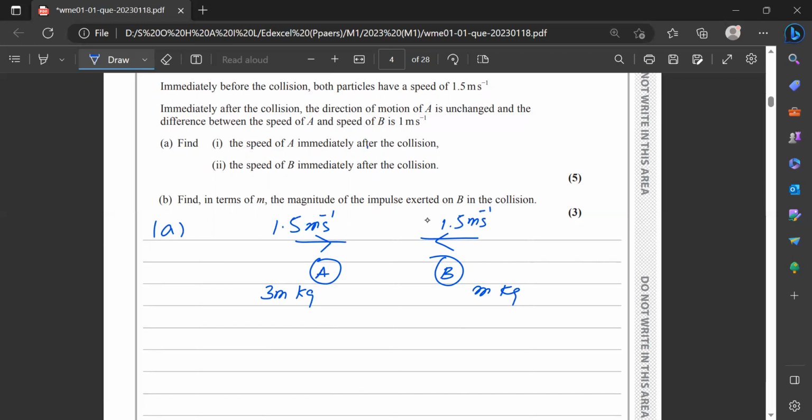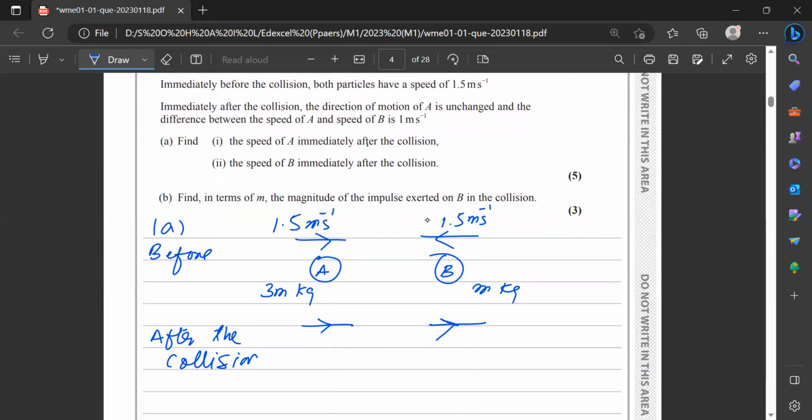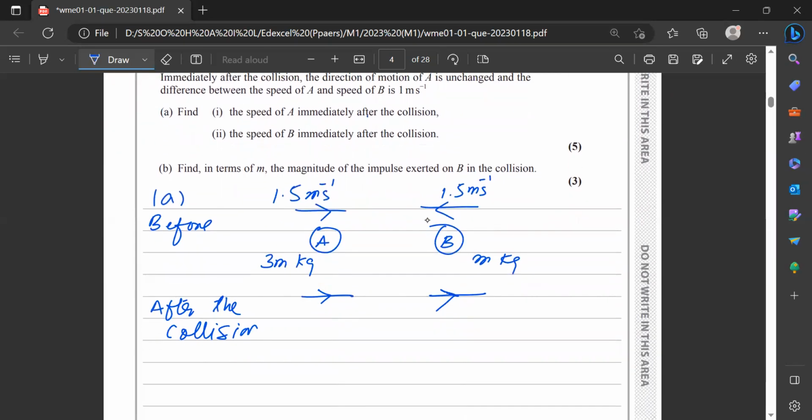This is the situation before the collision, and after the collision, the direction of A is unchanged. Now B is moving in the opposite direction, and the difference between the speed of A and B is 1 meter.